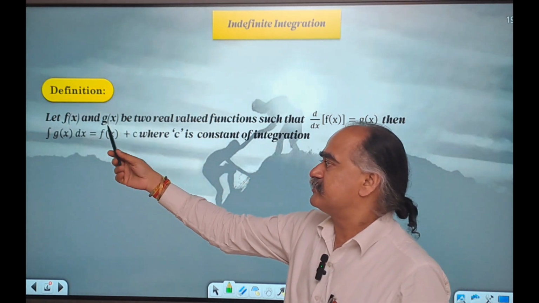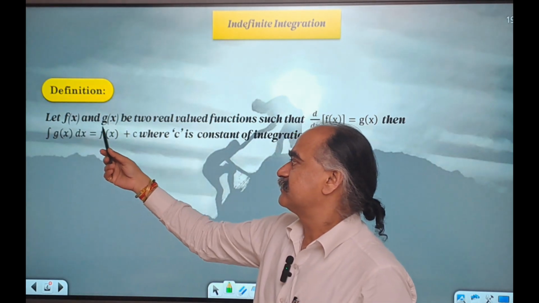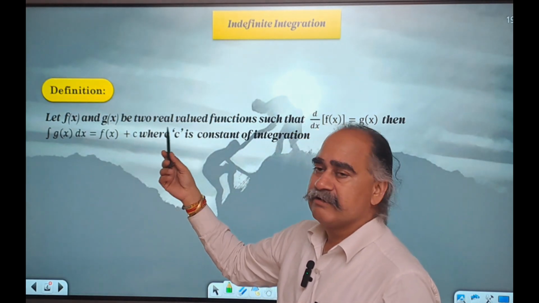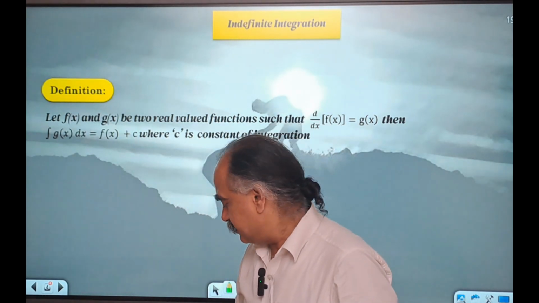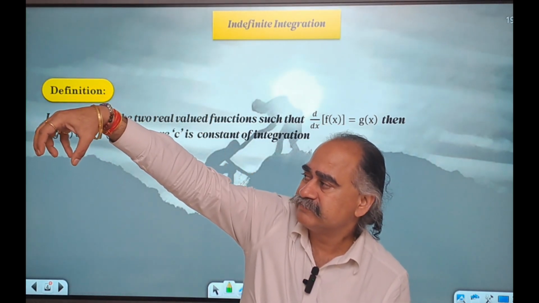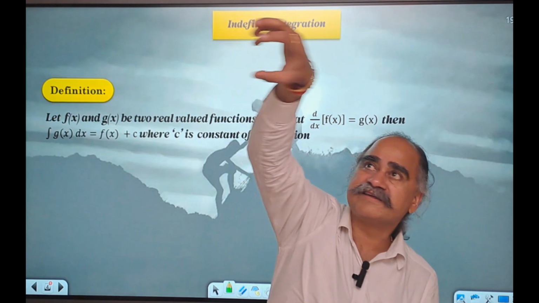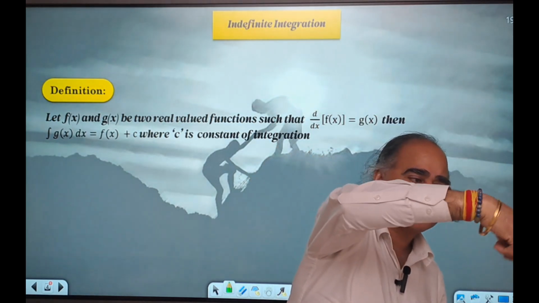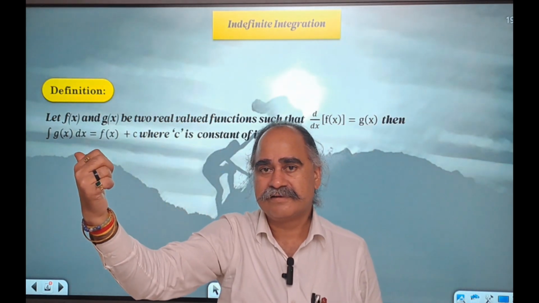Then integration of g(x) with respect to x is f(x) plus c, where c is constant of integration. Whenever derivative of this function is this, then integration of this will be this.